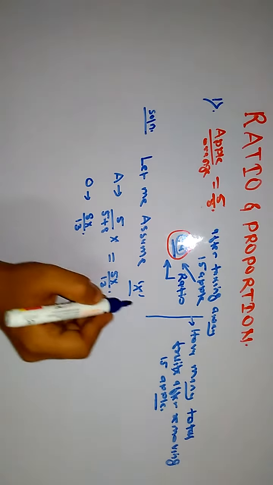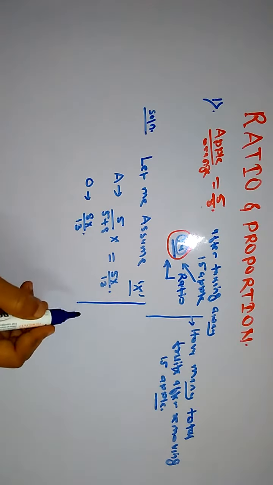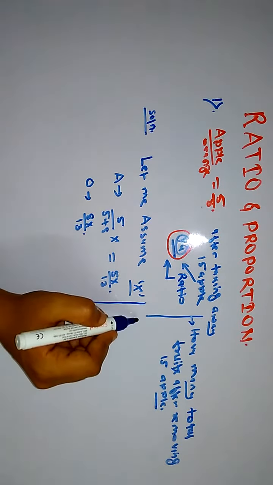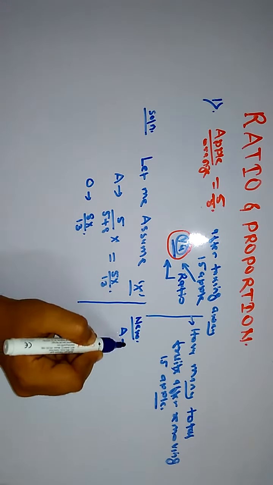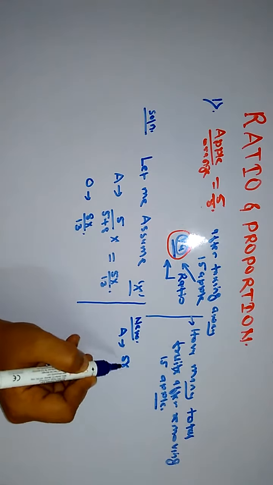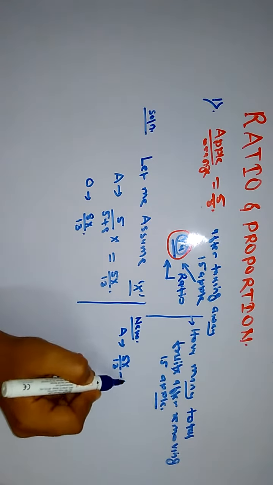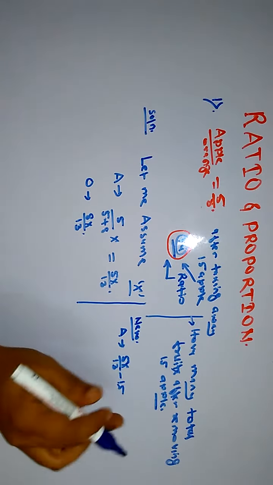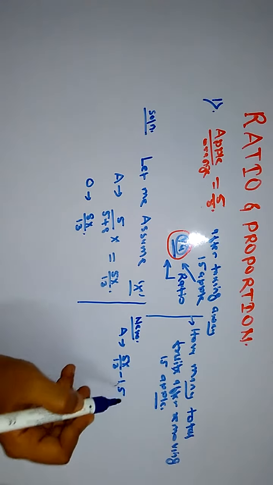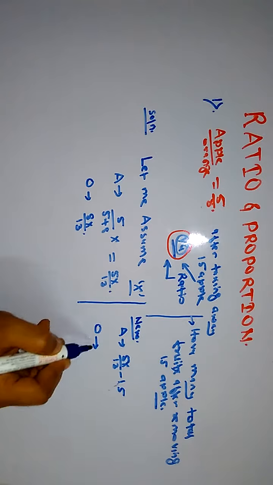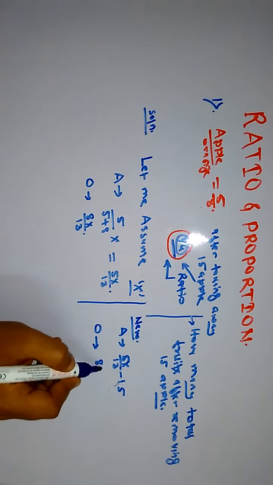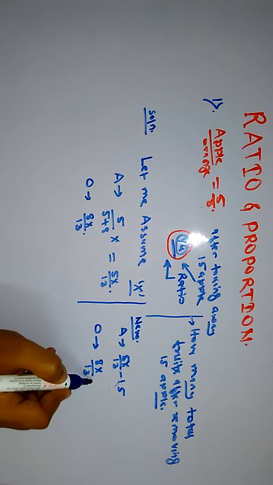Now, if I remove 15 apples, this is the new condition of apples. Since we are not doing anything with the oranges, the number of oranges will remain constant.